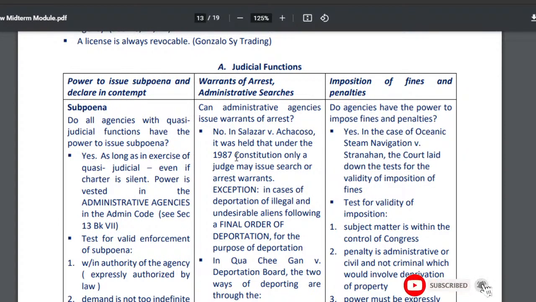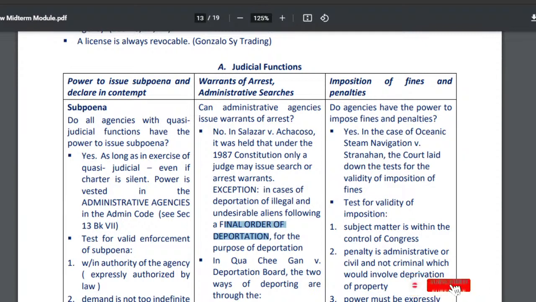The exception to this general rule is in cases of deportation of illegal, undesirable aliens following a final order of deportation. Again, there must be a final order of deportation first before you can issue a search or arrest warrant to undesirable aliens, illegal aliens in deportation cases. This is for the purpose of deportation only.